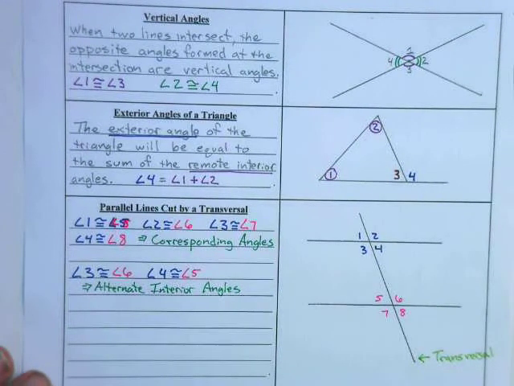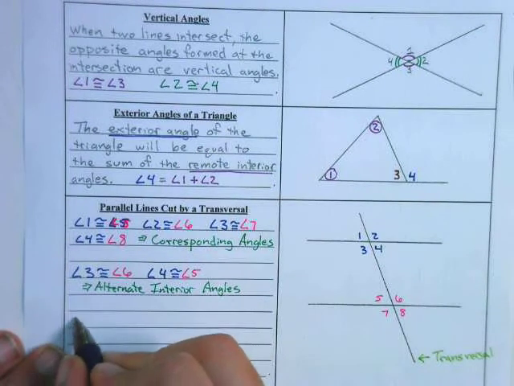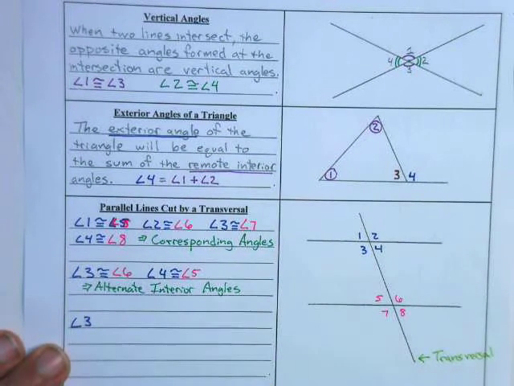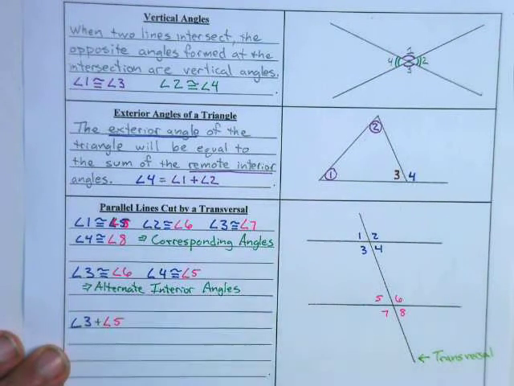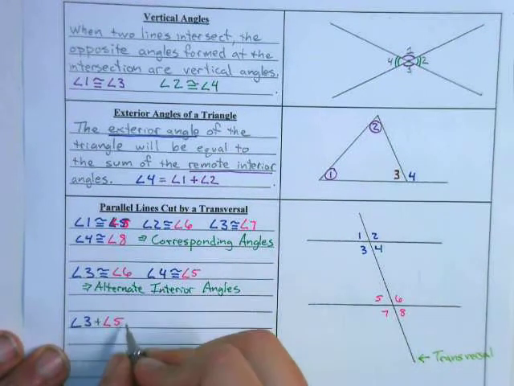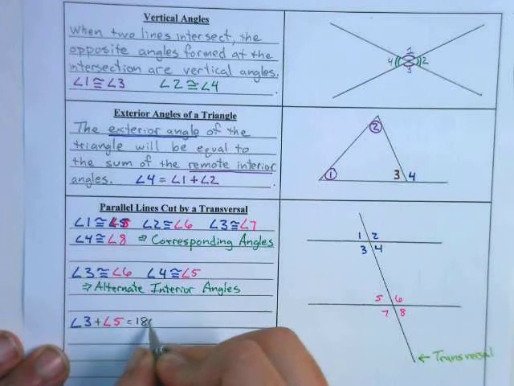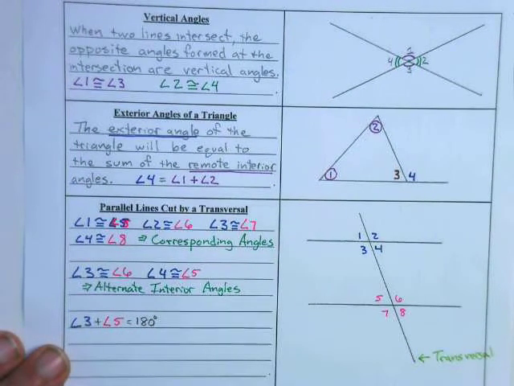Another set of angles is angle 3, and if we add that to angle 5, this will equal 180 degrees.